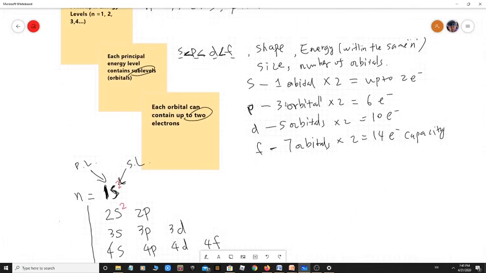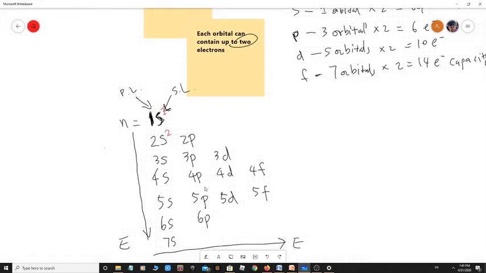You can remember they're going up by odd numbers, 1, 3, 5, 7, and multiply each number by 2, and that will be how many electrons can be held by each sublevel. So 2p will be able to hold up to 6 electrons. And 3s will be able to hold up to 2 electrons as well. And 3p will be able to hold up to 6 electrons. And 3d will be able to hold up 10 electrons. And it goes on like this.